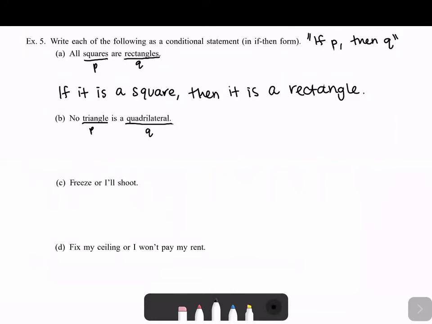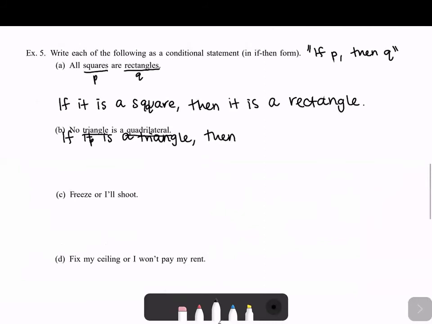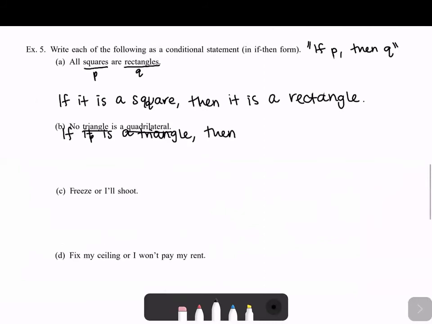Let's start off the same way. Okay, let me fix the one above. We're talking about triangles and quadrilaterals.